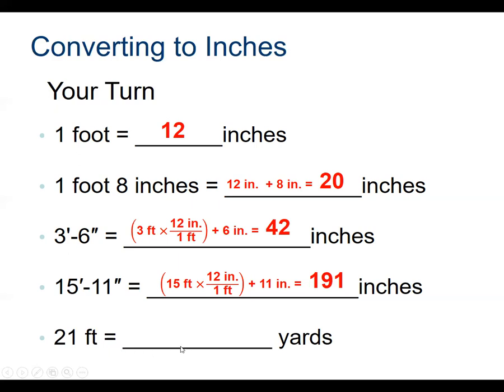Pause the video, come finish that. There it is. 21, 1 over 3. The feet cancel out. The 21 and the 3 divide with each other, and you get 7, and you're left with just yards. So there that is.